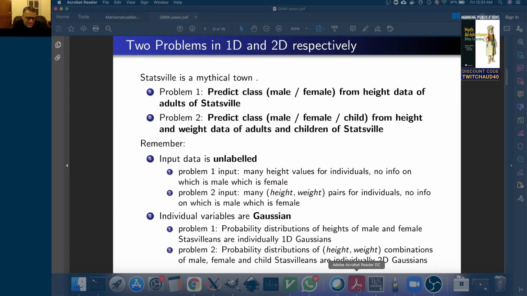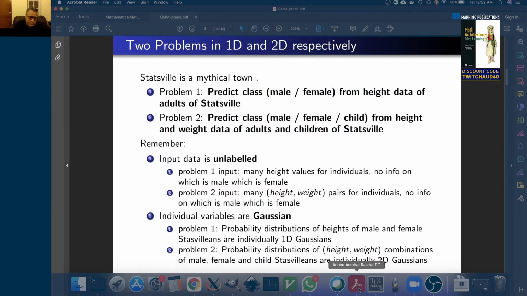The second assumption is that individual distributions are Gaussian. Basically, this means that in problem one, the probability distributions of the heights of male and female Statsvillians are individually one-dimensional Gaussians, the x-axis being the height and the y-axis being probability.